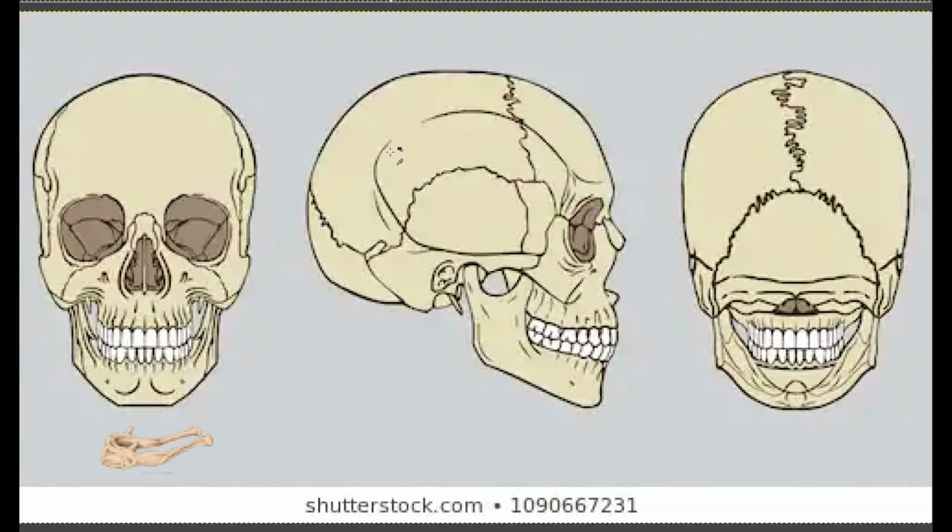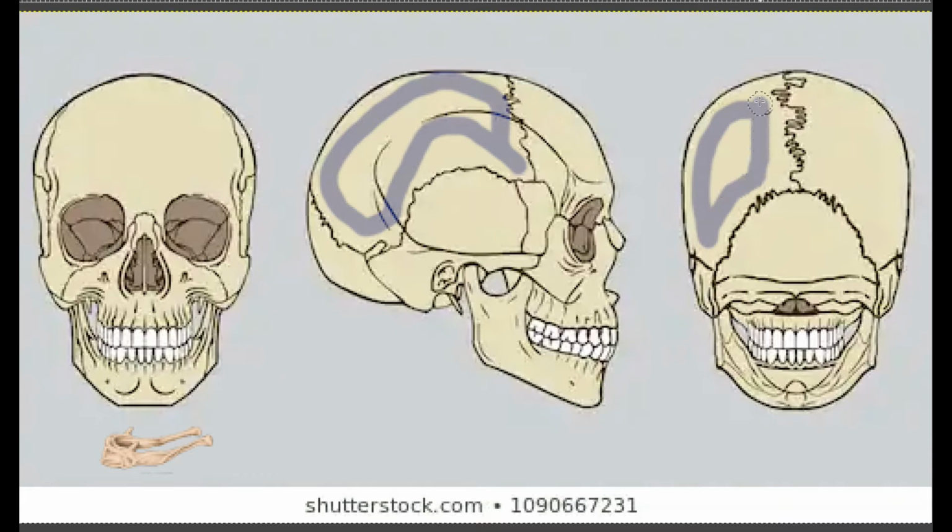Now the next bone we're going to look at, the next plate of the skull, are the sides of the skull here, the tops and sides as we call them. So it would be this region here, and again seen from the posterior view would be these regions here.